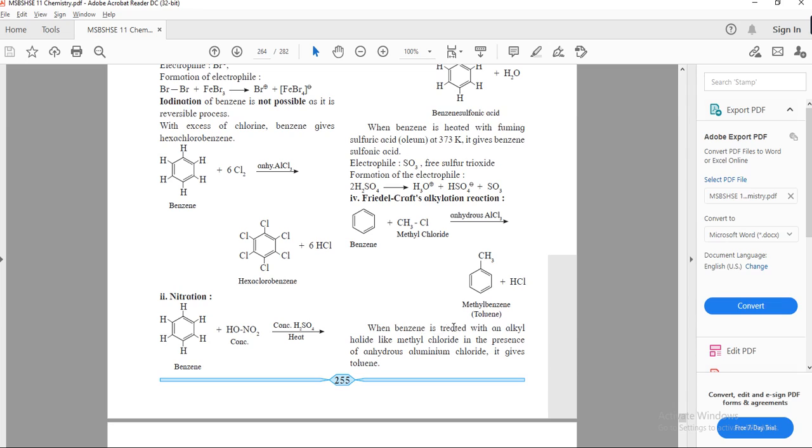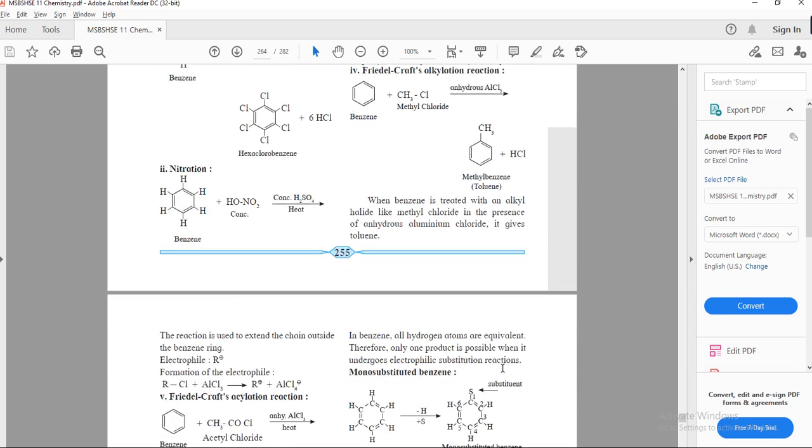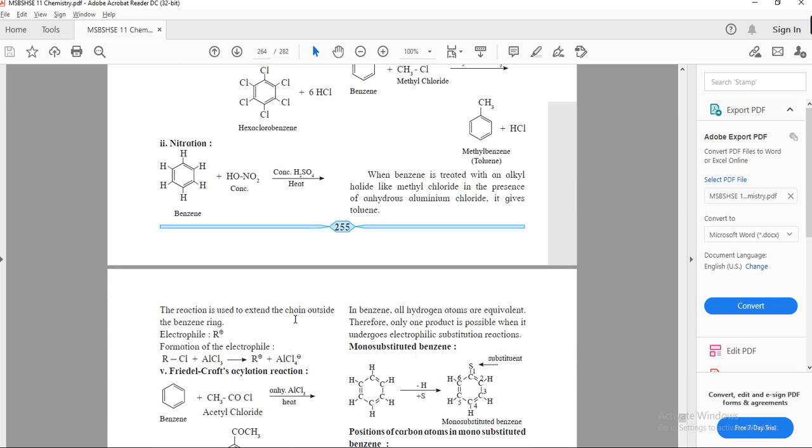When benzene is treated with an alkyl halide like methyl chloride in the presence of anhydrous aluminium chloride, it gives toluene. The reaction is used to extend the chain outside the benzene ring. A hydrogen atom is replaced by an alkyl group, and we can add more carbon atoms on the benzene ring.